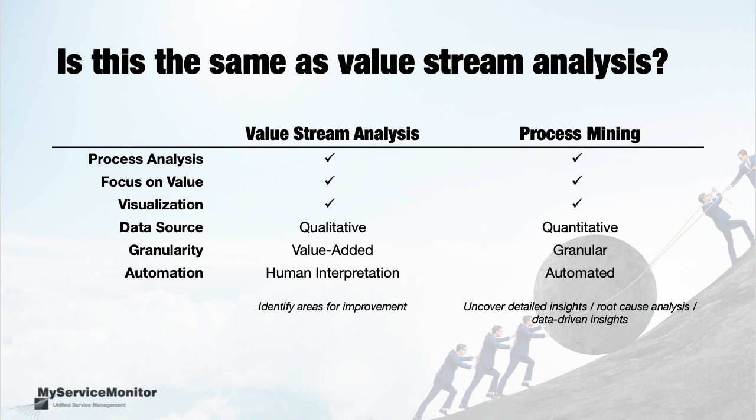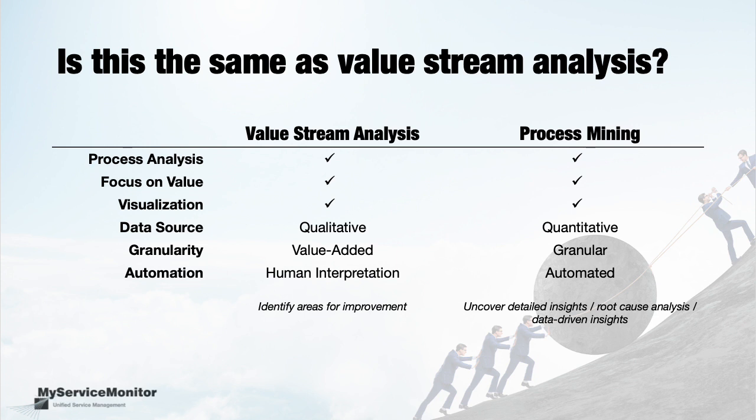Value stream analysis or value stream mapping and process mining are both techniques used to analyze and improve business processes, but they have different approaches and strengths. Both value stream mapping and process mining involve analyzing the flow of work through a process to identify inefficiencies, bottlenecks, and opportunities for improvement. Each technique also emphasizes understanding and enhancing the value delivered to customers by eliminating waste and streamlining processes.